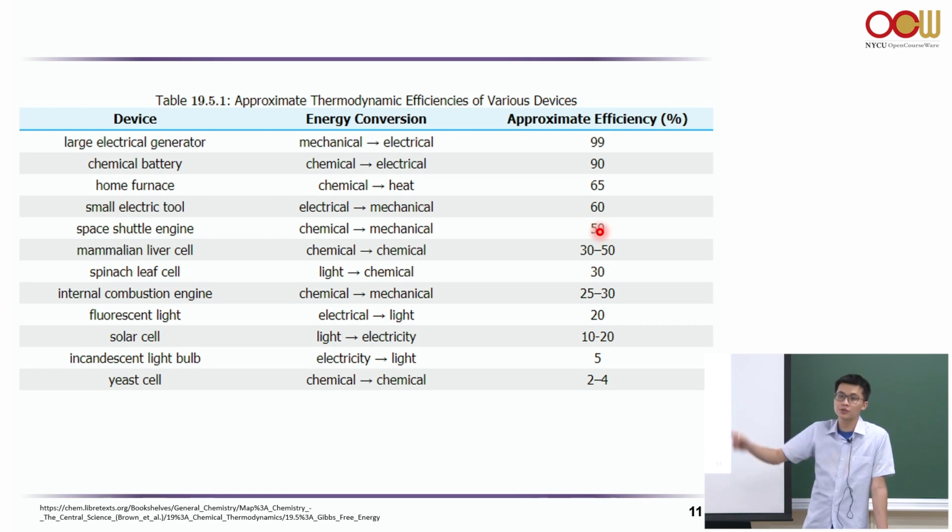Like these light bulbs, we put electricity in, it converts it into light, right? But the efficiency is quite low. And the rest of them is released to the surrounding in the form of heat. So that's the most common way to convert the energy. So this is just to put into perspective of different things.